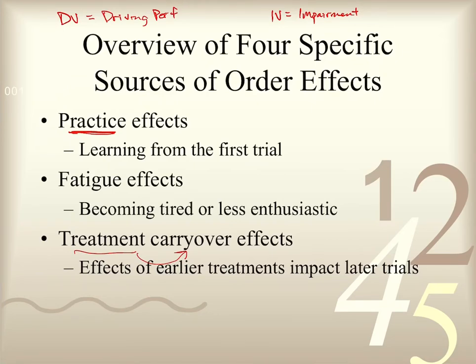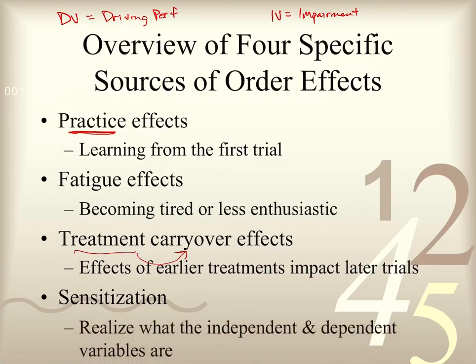So think about, in our driving experiment and impairment, is there any way in which one treatment could carry over to a later trial? And the last one is what's called sensitization. Sensitization happens when participants realize what the independent and/or the dependent variables are. In other words, okay, I got your Prozac and you measured my depression.